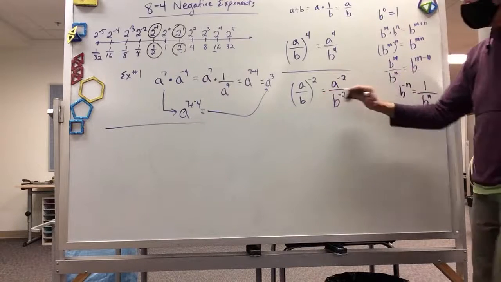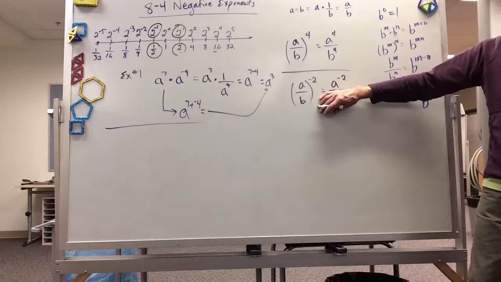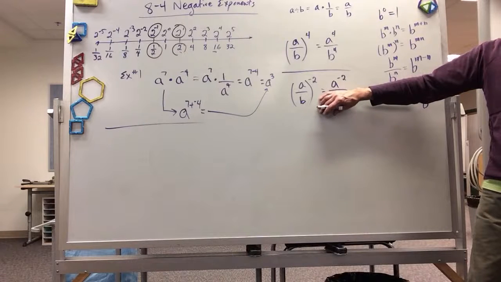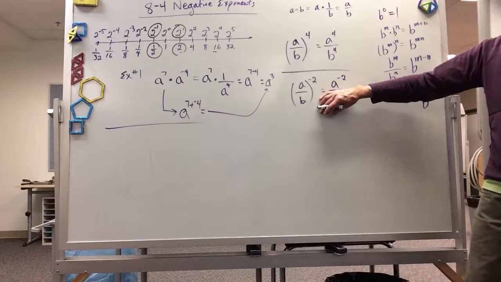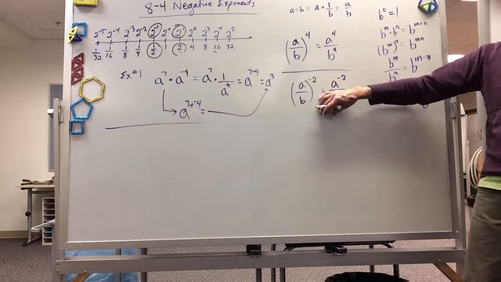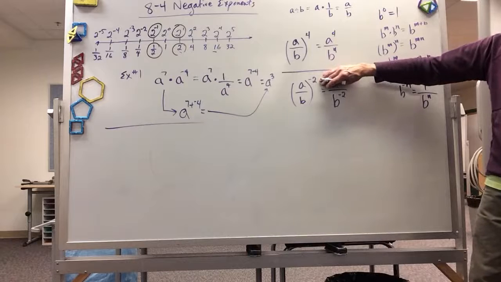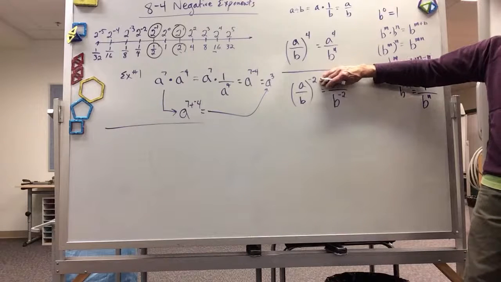So how could you write a to the negative 2nd as a positive power? Yeah, take the reciprocal and flip it. So then a goes down to the bottom, and a 1 goes on the top. Since this is a denominator, the same thing: you write it as a reciprocal and you flip it.